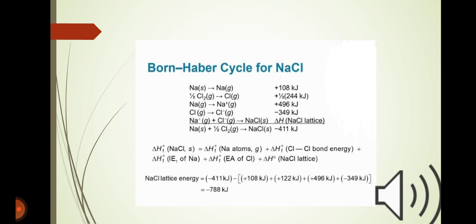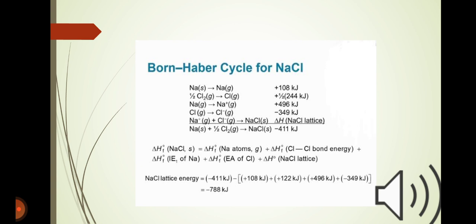So the enthalpy of formation of NaCl is equal to the enthalpy of sublimation of sodium, plus the bond energy term of chlorine, plus the ionization energy of sodium, plus the electron affinity of chlorine, plus the NaCl lattice energy. The enthalpy of formation of NaCl, Na plus half Cl2 giving NaCl, is minus 411 kilojoule.